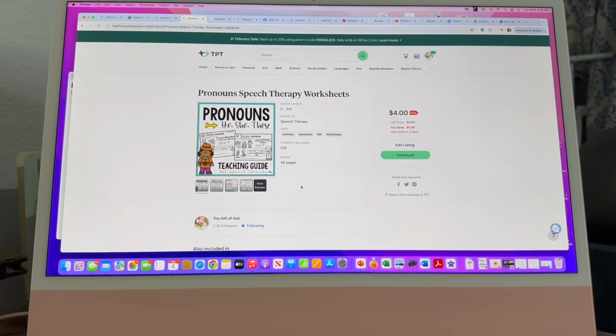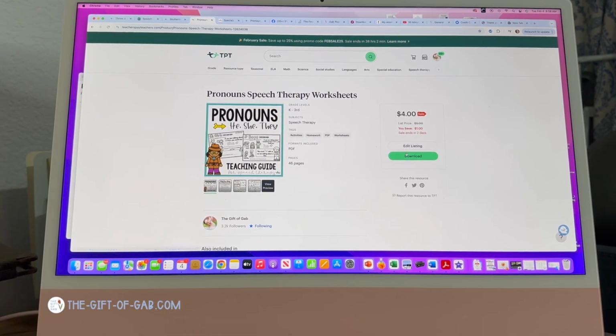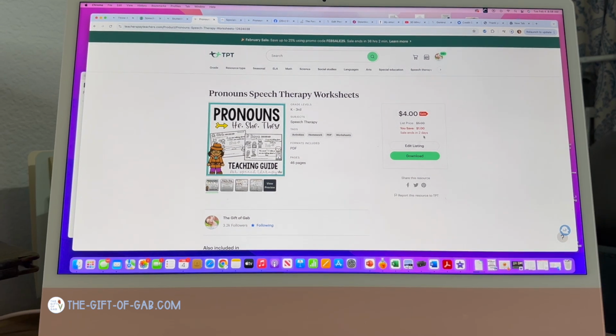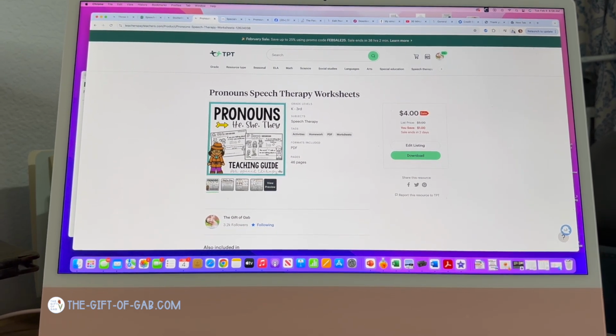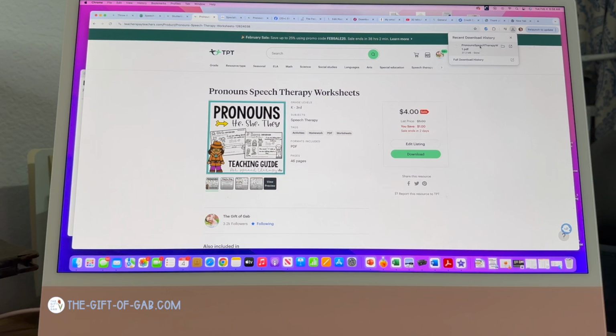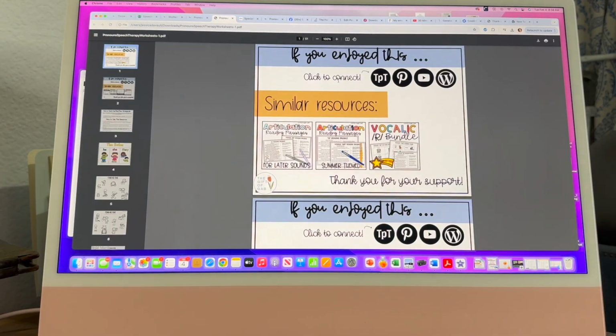I understand that fear. Pronouns are tiny words that hold so much meaning and identity. However, I am not going to be diving into that complex topic today. Instead, let's dive into how to strategically teach pronouns to our speech therapy students who struggle with this skill.